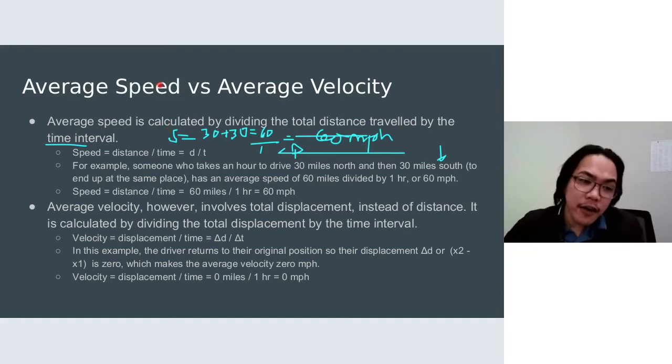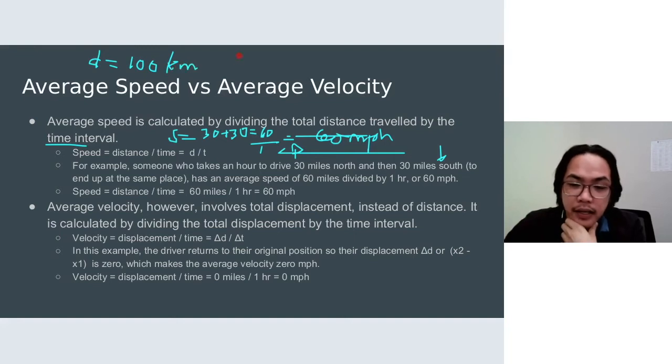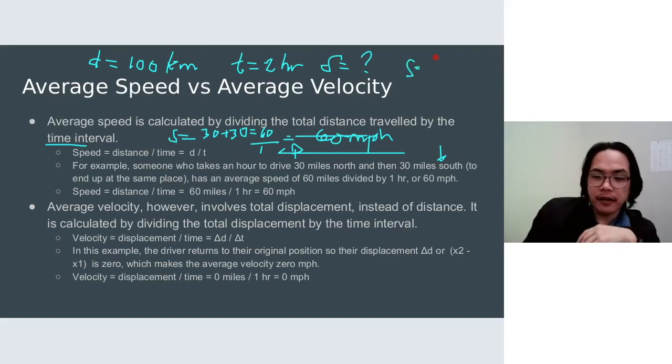Now, what if a car travels a distance of 100 kilometers in 2 hours? So you have a distance of 100 kilometers and a time of 2 hours. Can you solve for speed? 50, because distance is 100 divided by 2. 100 divided by 2 is 50.